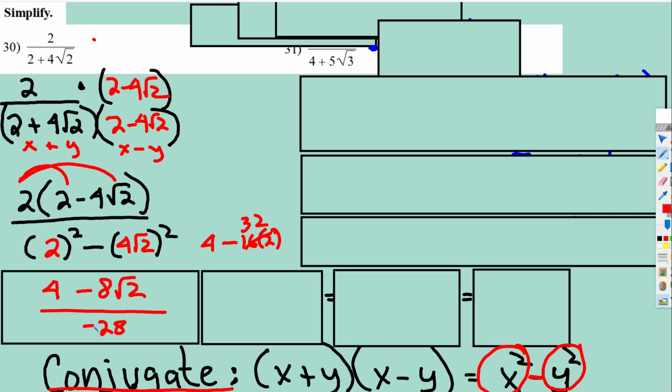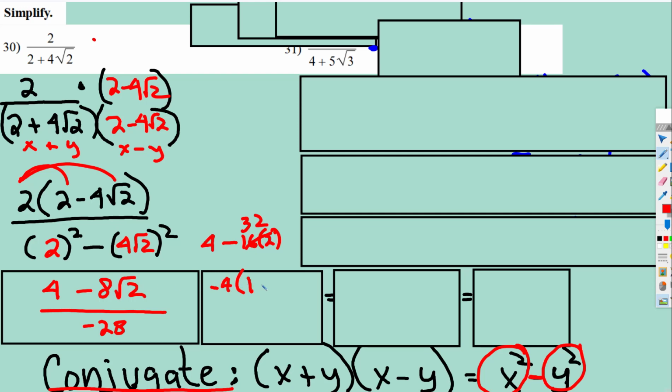First of all, we don't want a negative sign there, so we typically multiply or divide everything by negative 1. But 4, negative 8, and negative 28 all have a 4. So I'm going to factor out a negative 4 from each of those. So 4 divided by negative 4 leaves positive 1.